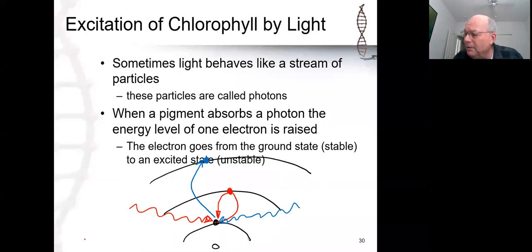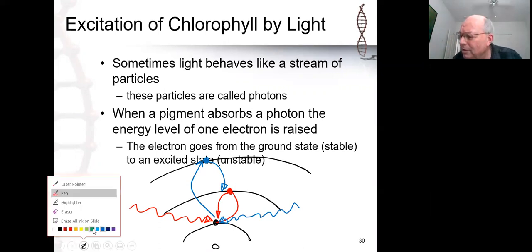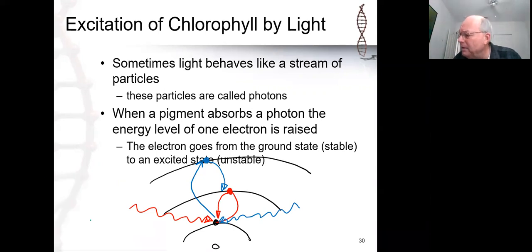The blue light, it turns out, does it in two steps. It comes down to the red light level, and then it steps down to the ground state. So it's a two-step loss of energy. Now, how does this explain the rejection of green light? Do I have green? Yes, I have green. So when green light comes in, this is going to get a little messy, so let me bring the green light in from here, I guess.